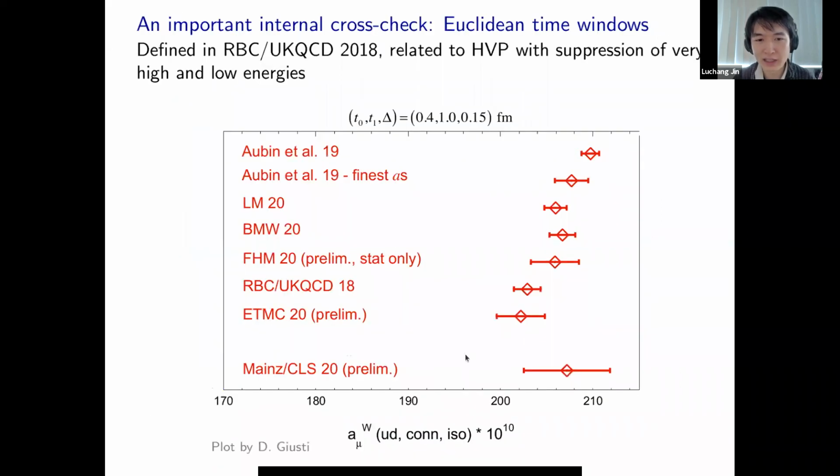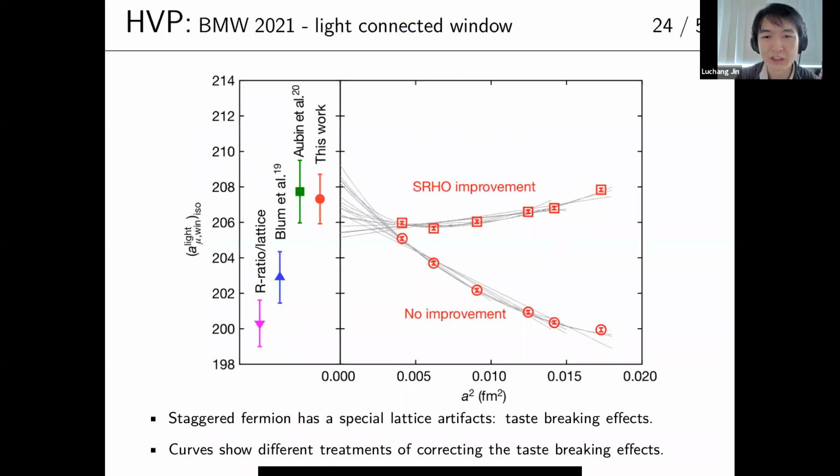And also, unlike many other error bars here, which look similar in size but are mostly statistical error, BMW's is dominated by systematic errors, because they managed to reduce the statistical errors to a much smaller value with a huge set of configurations.